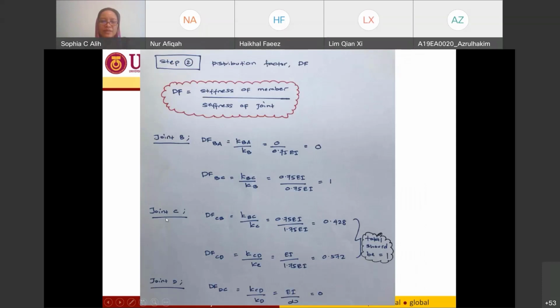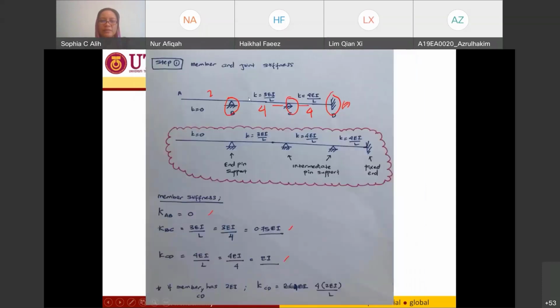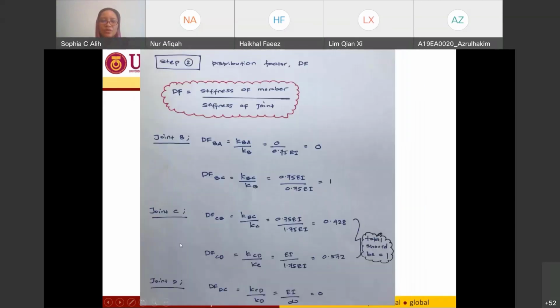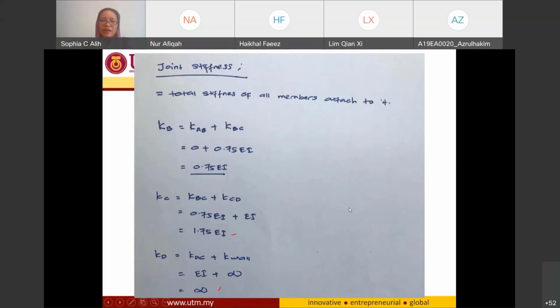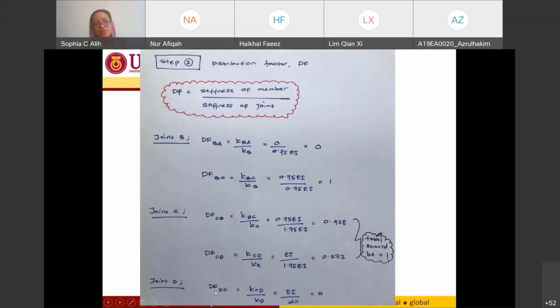And for joint C, the members attached are member BC and CD, so I have 2 distribution factors, CB and CD. And for joint D, I have only one member, that is member CD or DC here. So I have to calculate the distribution factor of DC.